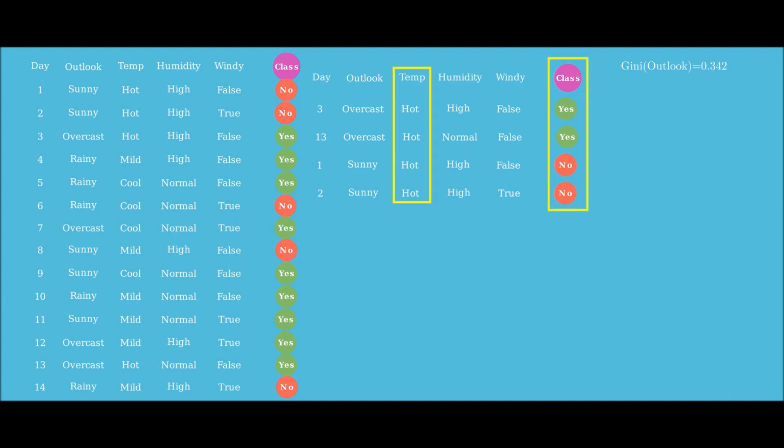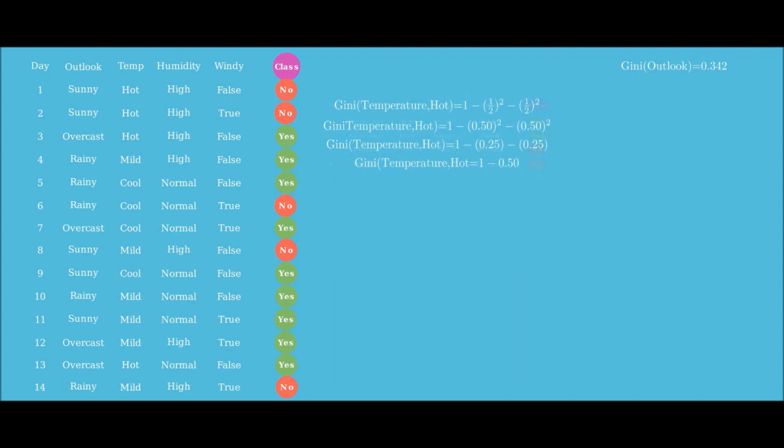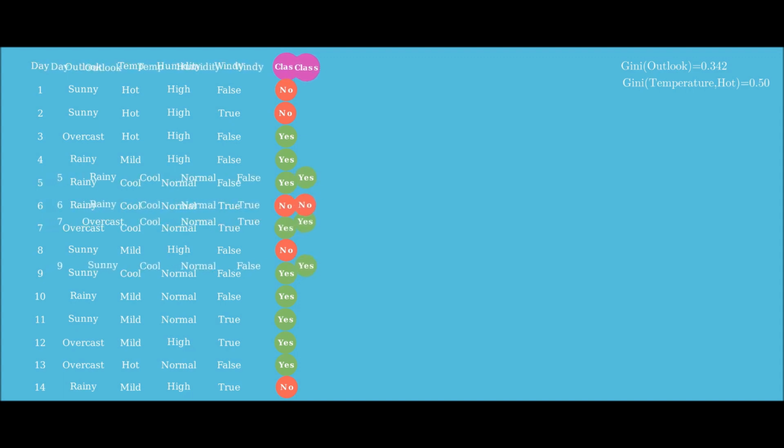You can see that for temperature feature there are 4 instances of hot having 2 yes classes and 2 no classes. So Gini index is 1 minus half square minus half square, and that would be equal to 0.50. Now Gini index for temperature value cool would be calculated.